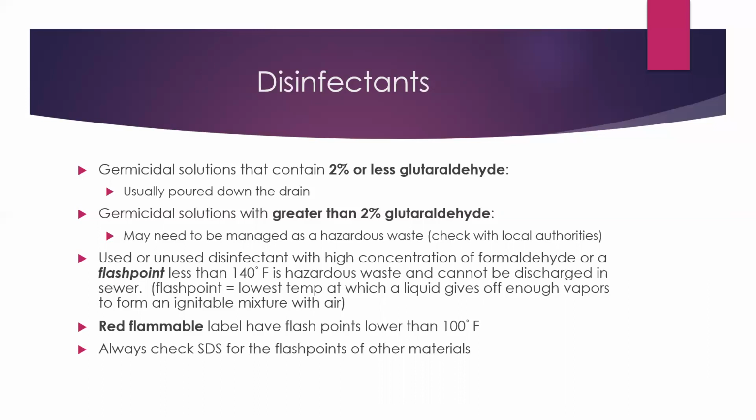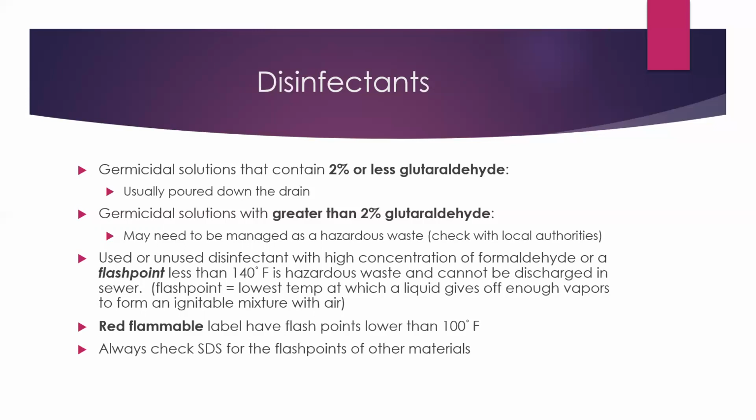Used or unused disinfectants with a high concentration of formaldehyde or a flash point less than 140 degrees Fahrenheit are considered hazardous waste and cannot be discharged in the sewer. A flash point is basically the lowest temperature at which a liquid gives off enough vapors to form an ignitable mixture with air.